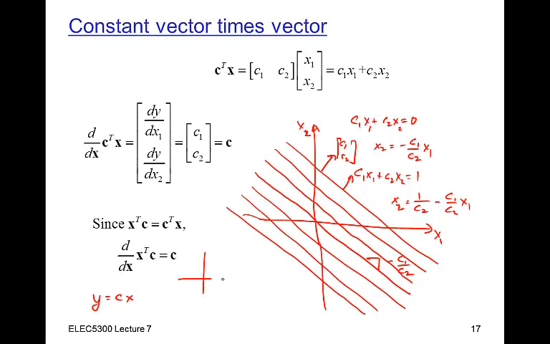It's just a line that goes up with slope c. If c is positive, the line goes up. If c is negative, the line goes down. And so this is exactly the analog of that.